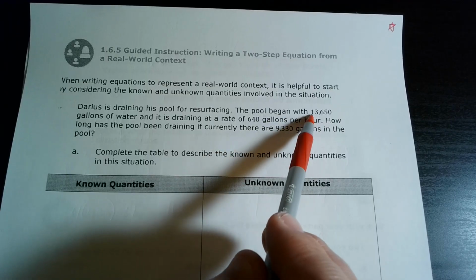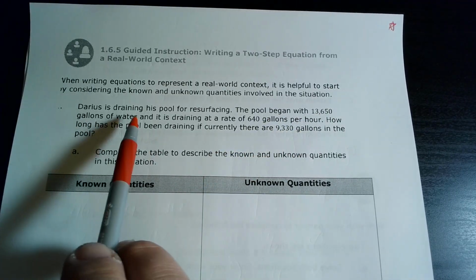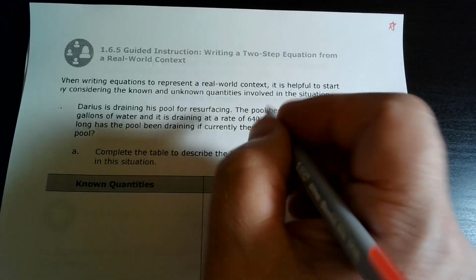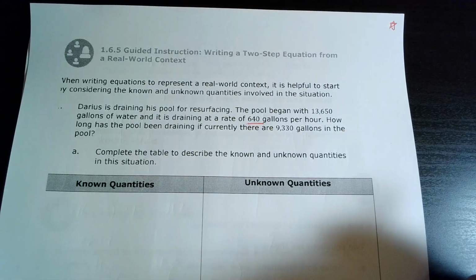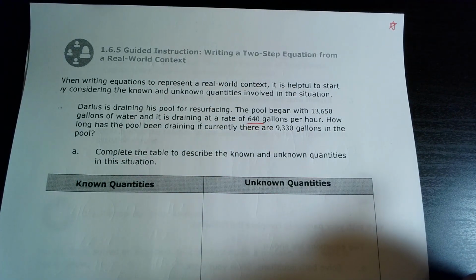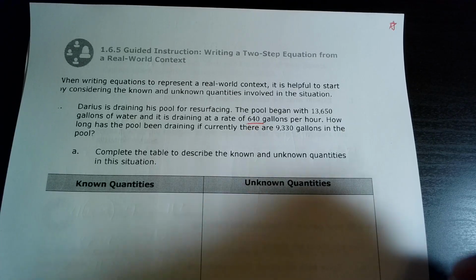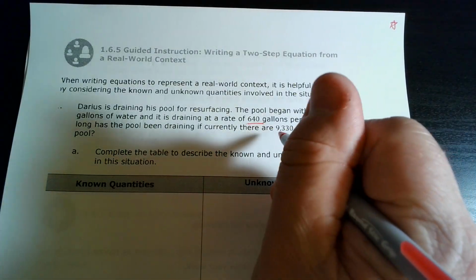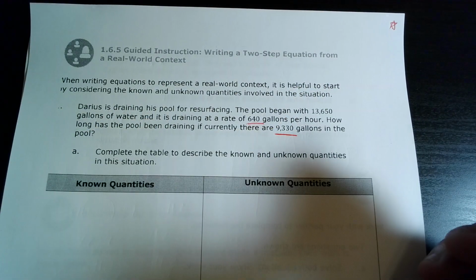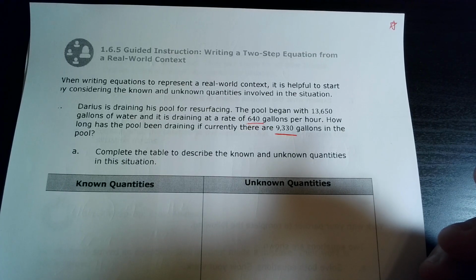The pool began with 13,650 gallons of water, and it is draining at a rate of 640 gallons per hour. How long has the pool been draining if there are 9,330 gallons currently in the pool? Complete the table and describe the known and unknown quantities of the situation.